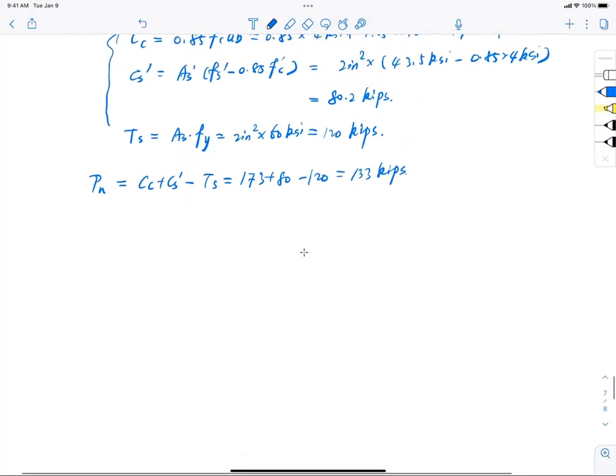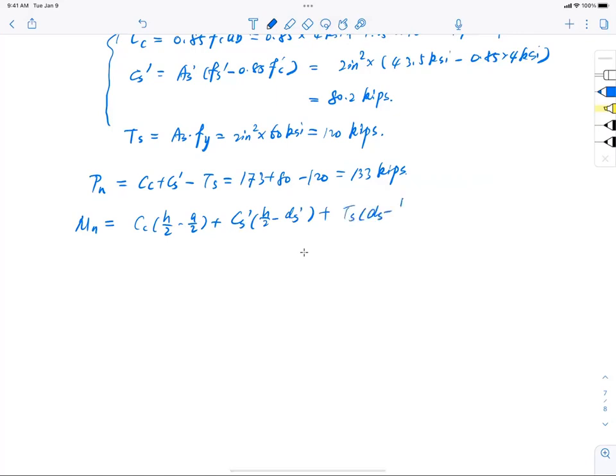All right, now Mn, which is the bending moment, I can save you the hassle, just write out the number. This is for the compression, the Cs prime part, which is this. I'm repeating the equation again. You should find it from step 1, but that's fine. Ts and the ds minus half h. And all you have to do is bring the numbers here: 170 multiplied by 10 minus 4.25 divided by 2, plus Cs prime, which is 80, multiplied by 10 minus 2.5, and plus tension force 120.